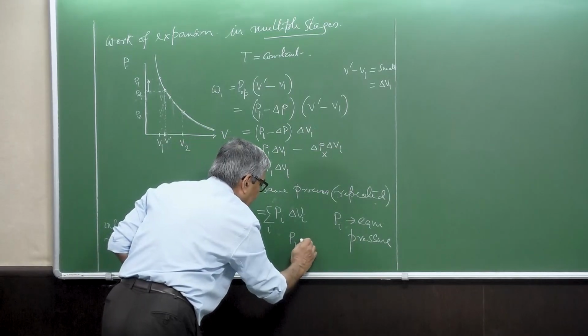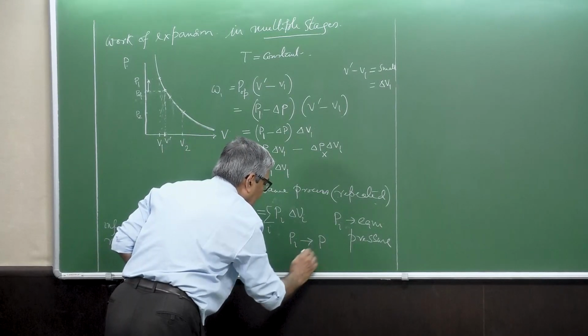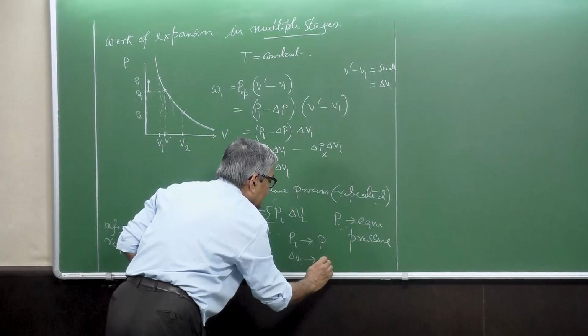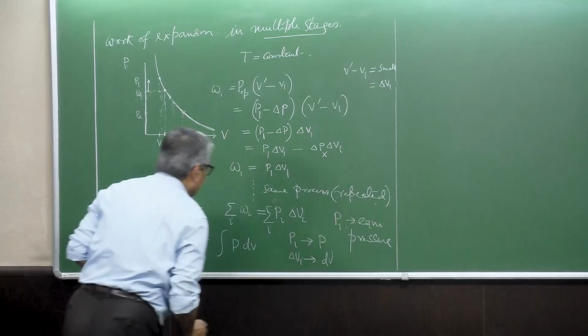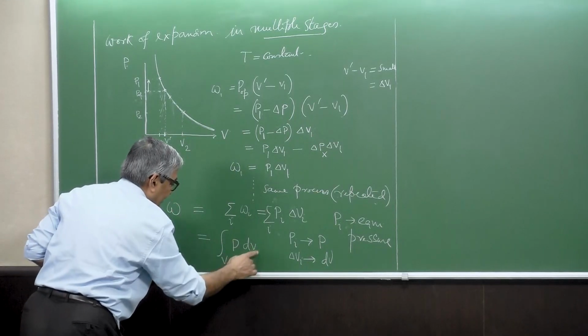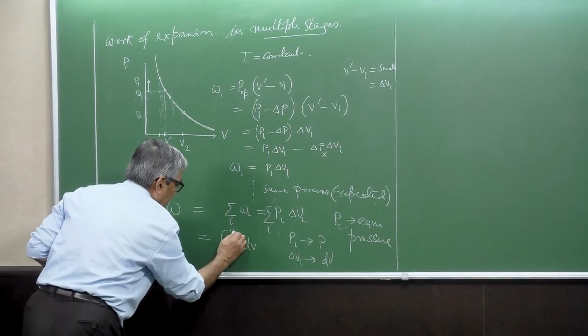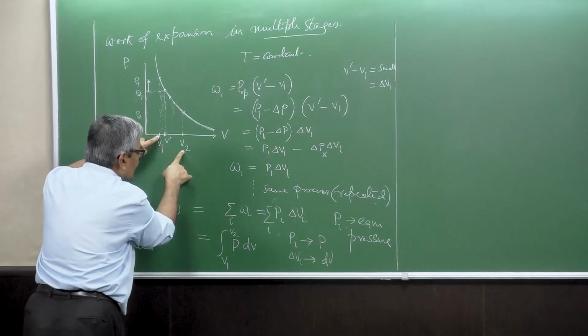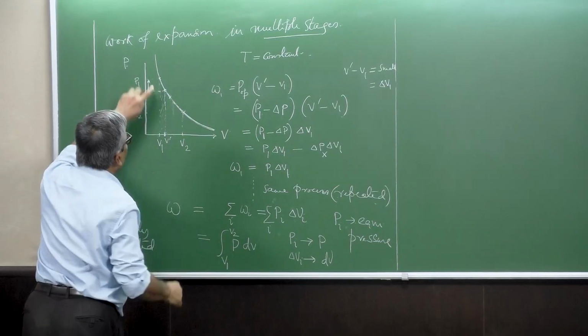So for an infinitesimal process, delta V I write as dV, and this is basically an integral over P times dV, from V1 to V2. So I am going from the initial to the final state, and at each stage I have a pressure.